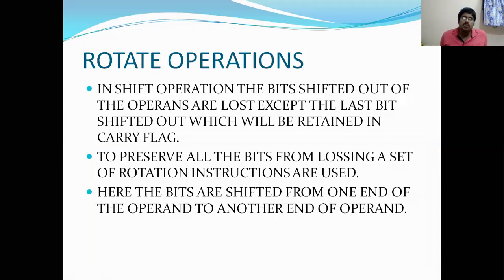Next we are going to the other operations called rotate operations. What is meant by rotation? What are examples of devices which perform rotation? Rotation means moving through a 360-degree angle. The Earth rotates, isn't it, Anand?